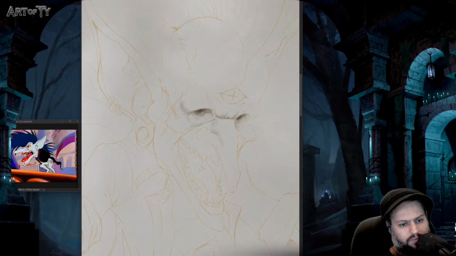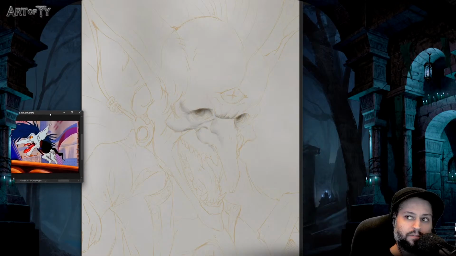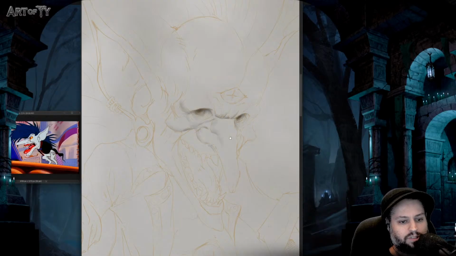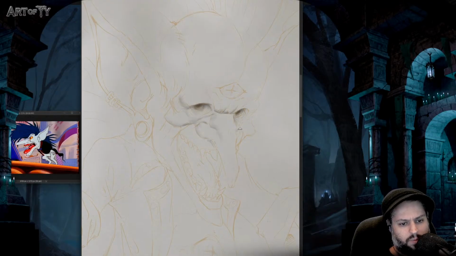I'm kind of excited to see how that manifests. I get these folds going on in his face. He's got such a crazy, exaggerated face, and I've got a little picture over here, by the way, from the cartoon, so you guys can see. I remember last time you guys were wanting to see what the source was of this idea. So we got that little guy off to the side there.